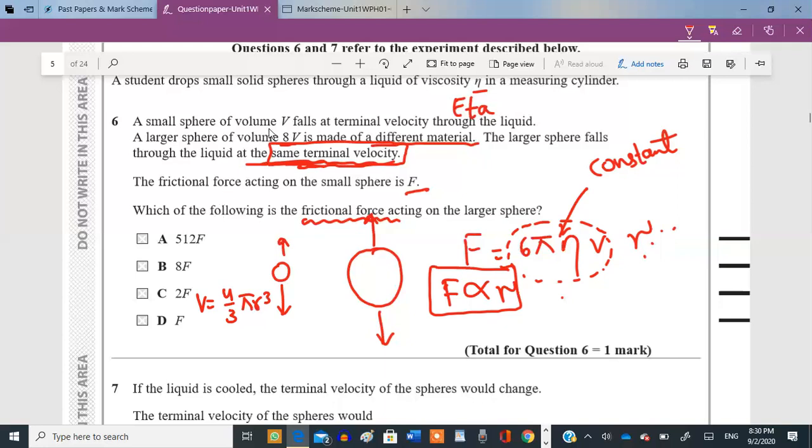Now, the volume of the smaller sphere is V when the radius is, let's assume, R. Now, if the volume changes to 8V, what will the new R become? You don't need to cross multiply this time, okay? You just need to put it into this formula.